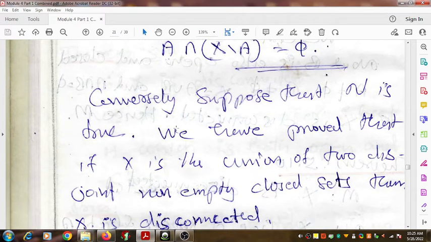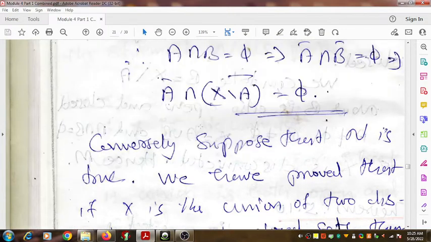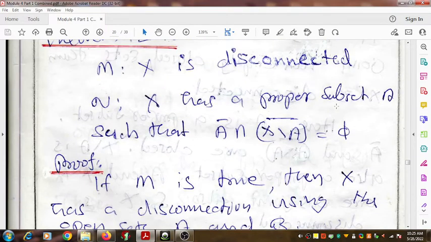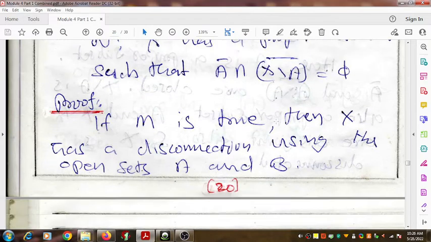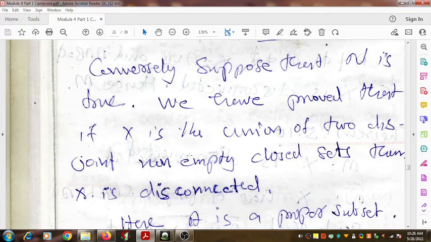Conversely, to prove the converse, suppose that the statement N is true, that is, X has a proper subset A such that closure of A intersection closure of X minus A equals phi.